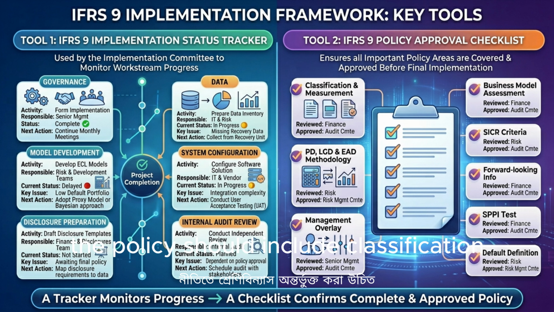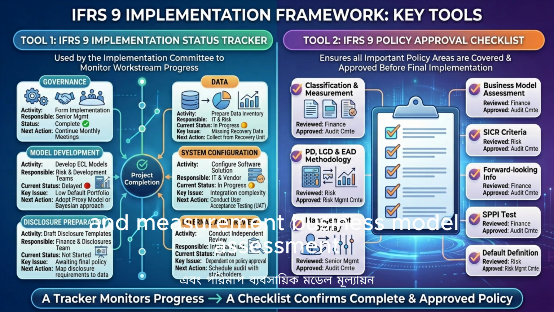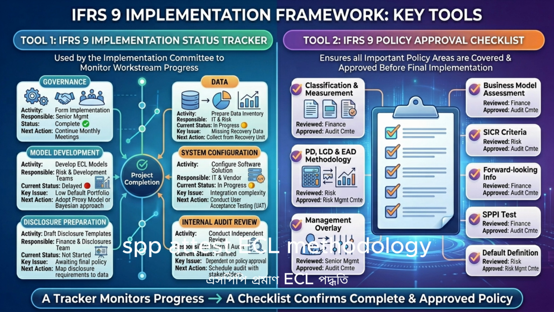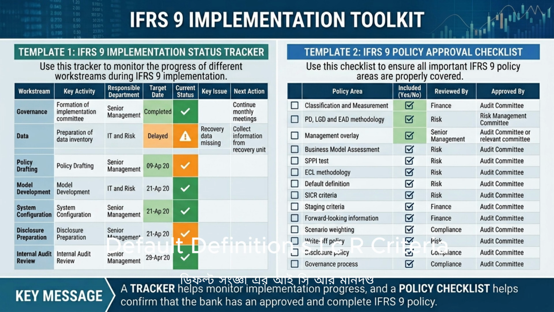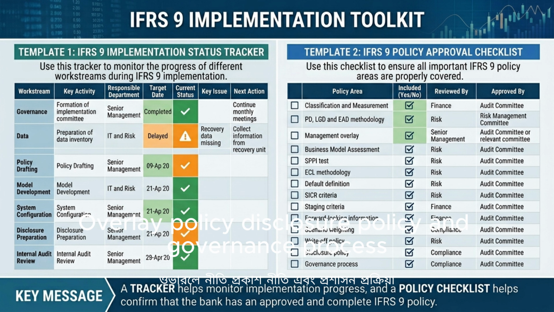The policy should include classification and measurement, business model assessment, SPPI test, ECL methodology, default definition, SICR criteria, staging criteria, PD methodology, LGD methodology, EAD methodology, forward-looking information, scenario weighting, management overlay policy, disclosure policy, and governance process.